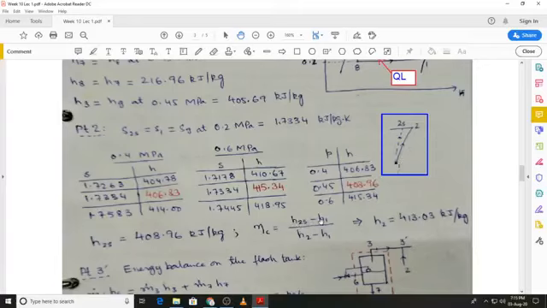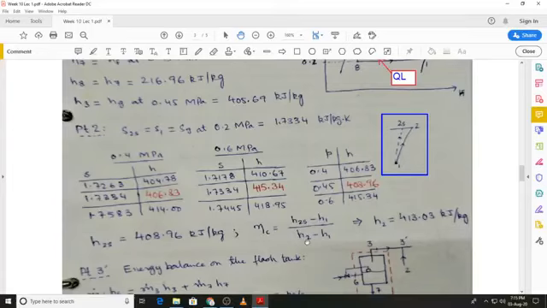So this represents the specific work of compression if the process was isentropic, and H2 minus H1 represents the work of compression under actual conditions. So we have H2s known to us, H1 we have already worked out, and the isentropic efficiency of compression is also given.